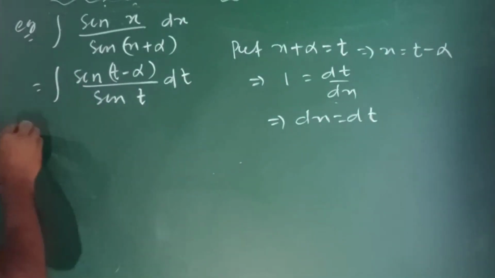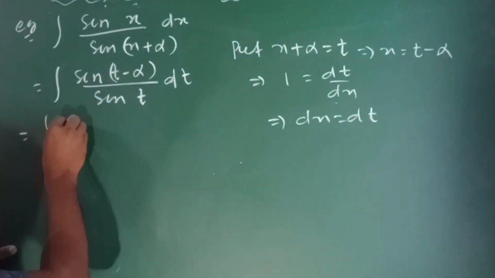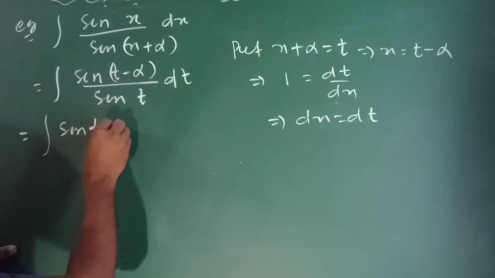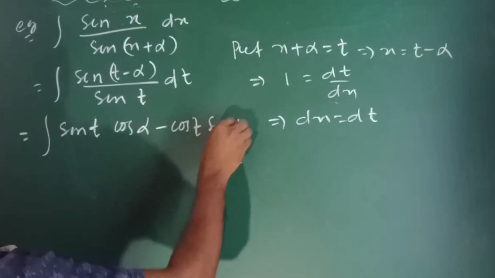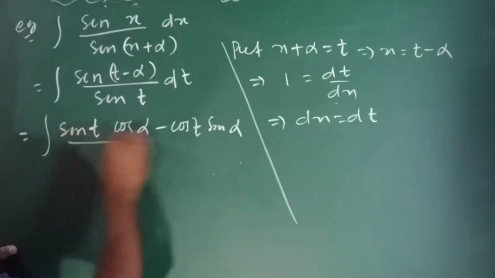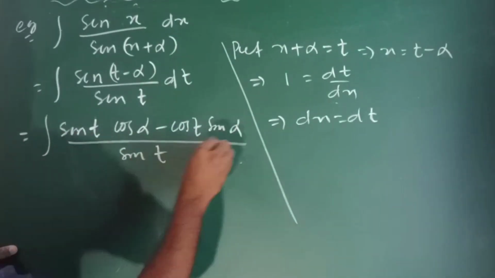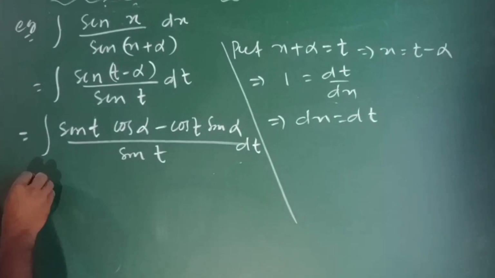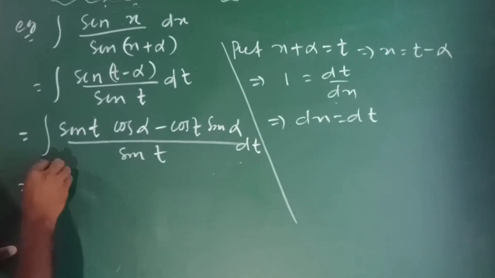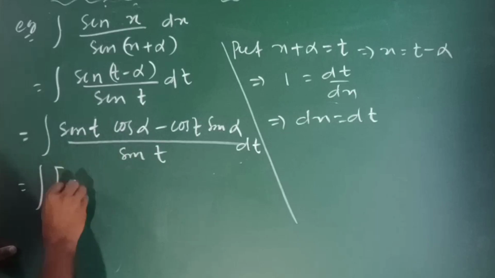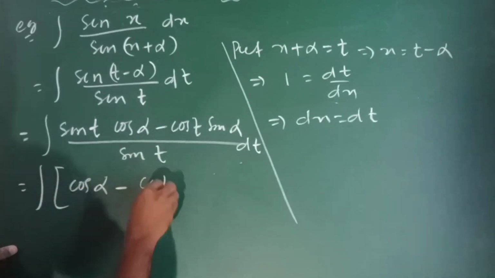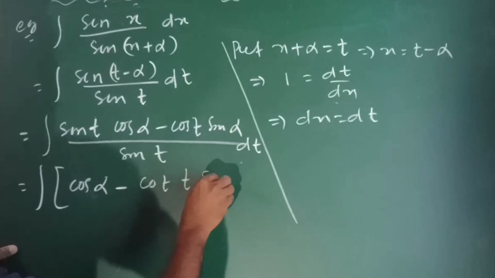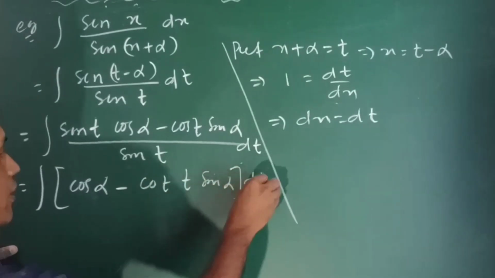So now expand: sin(a minus b) is sin t cos alpha minus cos t sin alpha divided by sin t dt, which is equal to integration of sin t by sin t is cos alpha here, minus here is cos t by sin t is cot t into sin alpha dt.